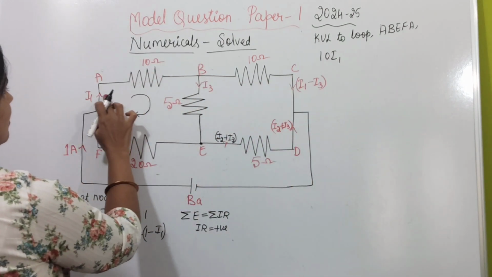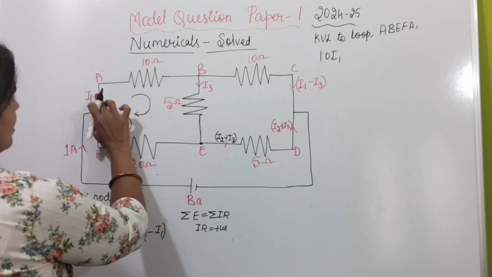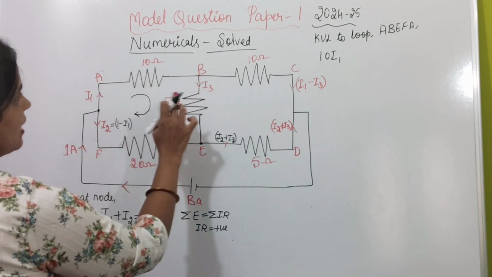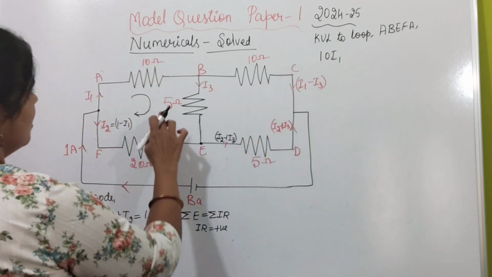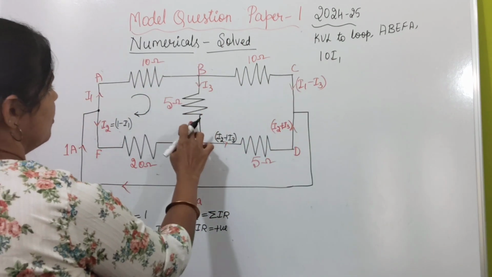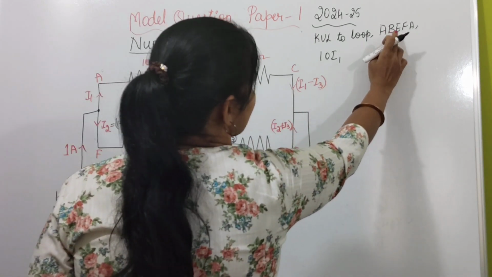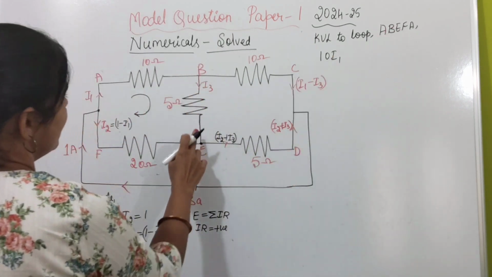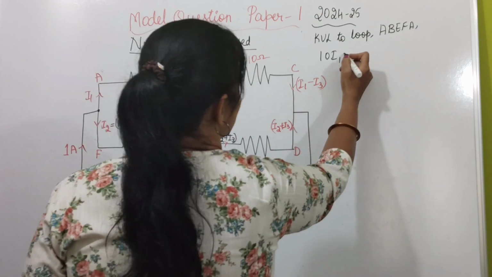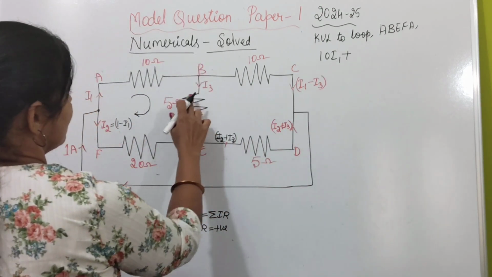We are traversing the network in this direction, and current is also along the same direction, so it is positive. Then we are going down, current is also going down, moving from A to B. Then branch BE. Current is also flowing in the same direction, so the IR product is positive.